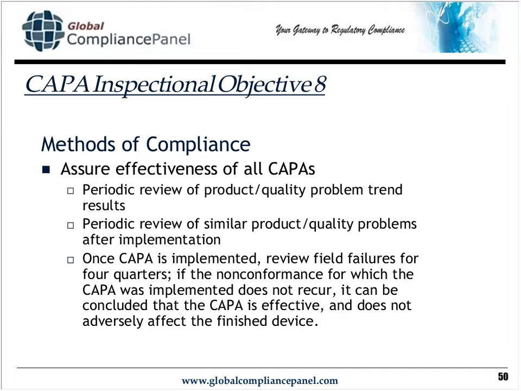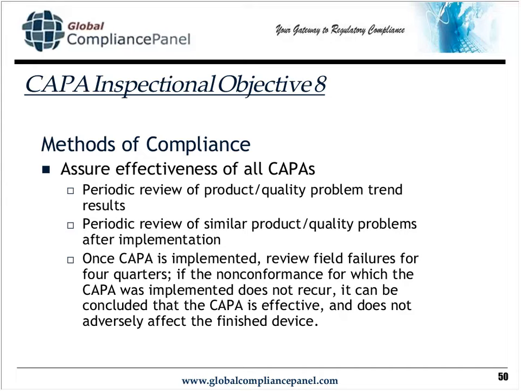You want to make sure that you have a periodic review of quality trend results and also similar product quality problems after implementation. And the periodic review, as I mentioned earlier, is entirely up to you. What I like to do is failures for 4 quarters. I've specifically referenced field failures here to apply to complaints, but you might have in-process failures for components.